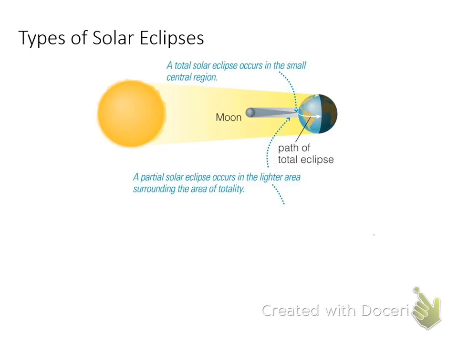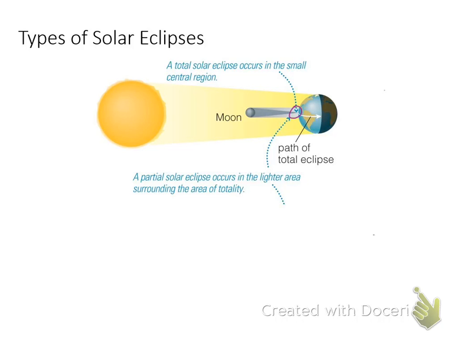You can see it right here. It's kind of cool. I've seen out there on the internet a movie from outer space of what a total solar eclipse looks like. The Earth spins, and that dark shadow is seen racing across the Earth's surface.